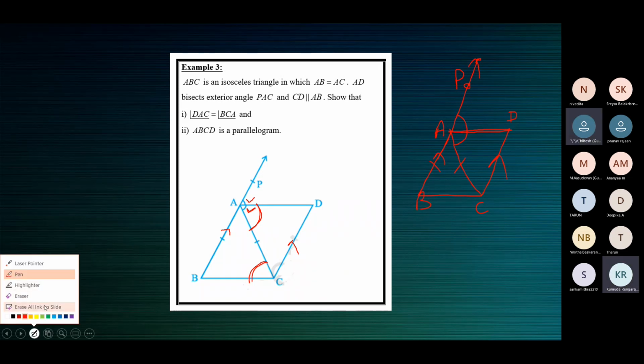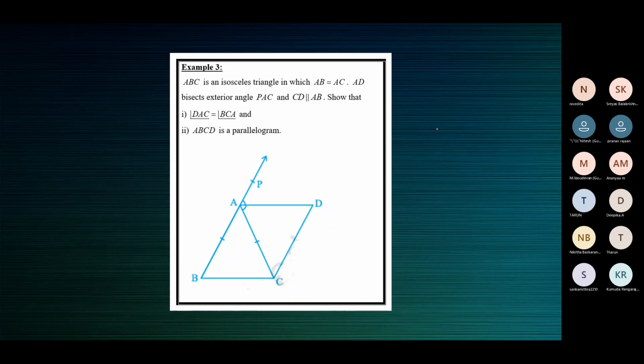I'll tell you again. ABC is an isosceles triangle with AB equal to AC.